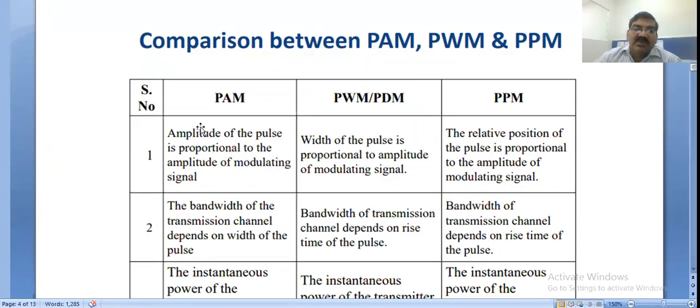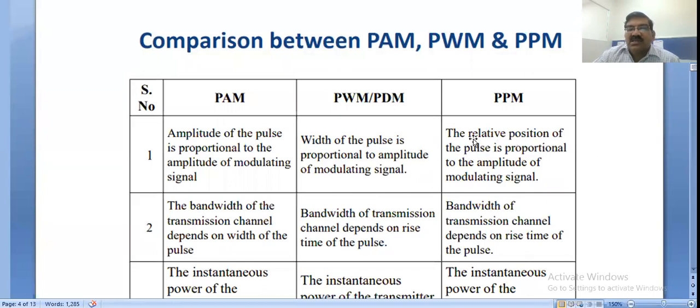So in pulse amplitude modulation, we are varying the amplitude of the pulse with respect to the amplitude of the input signal. In pulse width modulation, the width of the pulse is proportional to the amplitude of the modulating signal. So we are sensing the amplitude of the modulating signal, and accordingly the width of the modulated signal is varied.